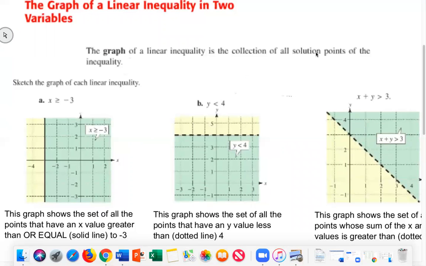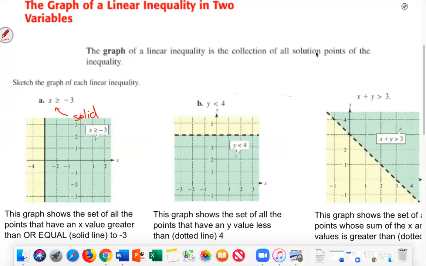So up here, it says, sketch the graph of each linear inequality. And it says, x is greater than or equal to -3. So basically, they already did the problem, but here's how you do it. That means a solid line, right?